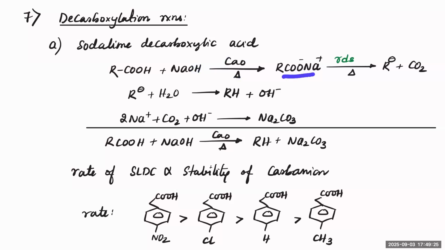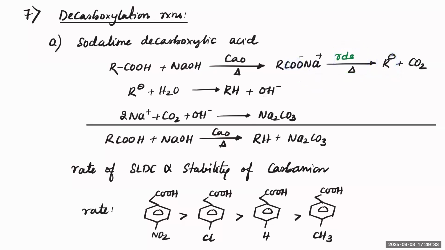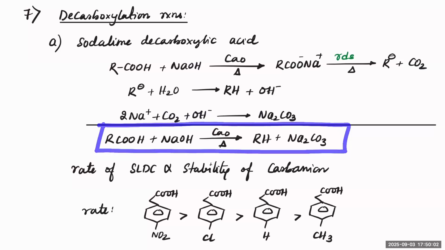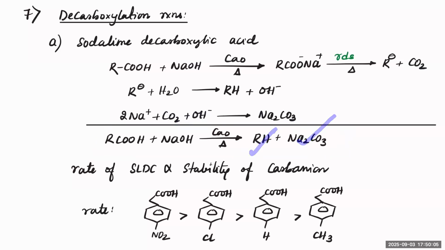Thereafter, if this salt is heated strongly, carbon dioxide will come out and this will become R minus, an alkyl anion. That R minus takes H plus, which was absorbed by calcium oxide, and converts into alkane, and OH minus will be out. This OH minus and CO2 will make an acid-base reaction to form Na2CO3. So this is the overall reaction: acid plus NaOH with calcium oxide and heat will give you alkane and Na2CO3.